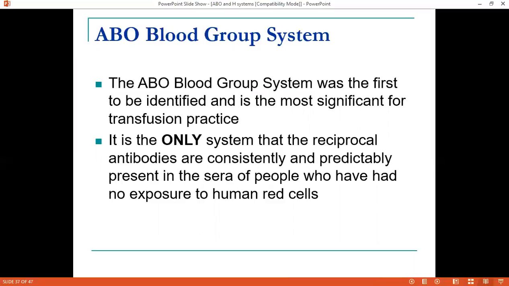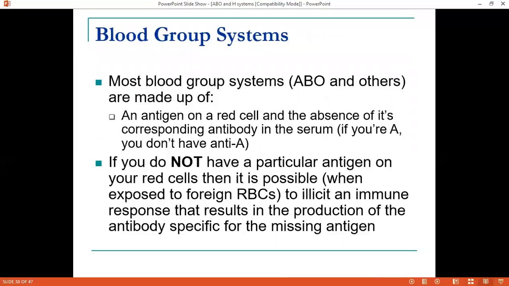It's the only system where the reciprocal antibodies are consistently and predictably present in the sera of people who have never had exposure to human red cells, because the rest of the other antibodies that we will be discussing have been produced because of some exposure to a foreign antigen. They've had an immune response to them, but this is the only blood group system where they don't need to have an immune response, they just have them.